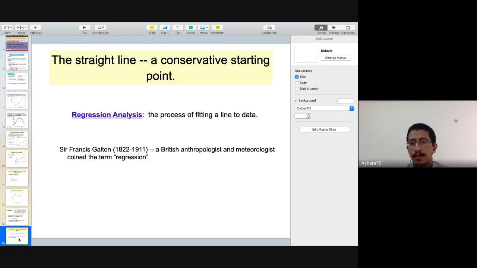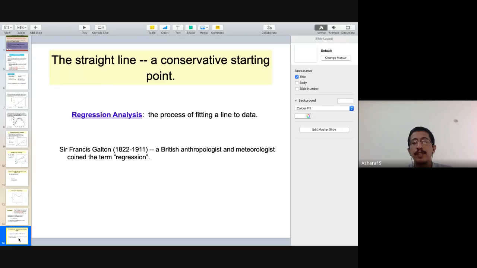So regression analysis. What is regression analysis? Let's go to the simplest among the relationships, which is a straight line, a conservative starting point. Regression analysis is the process of fitting a line to the data, because we are assuming that our relationship is a linear relationship. In the two-dimensional space, it's a line, and in the n-dimensional space, this is a hyperplane, right?